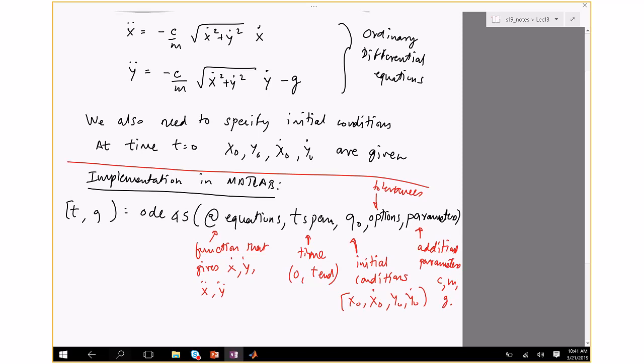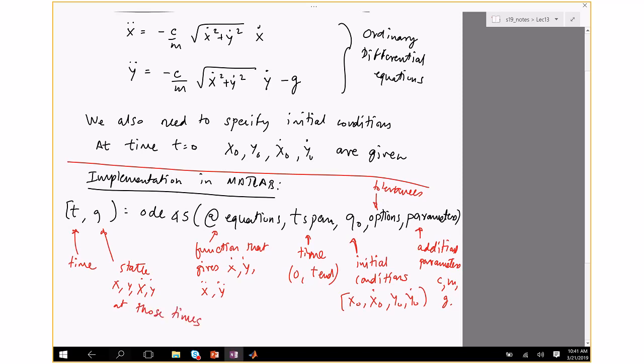What it outputs is time. So if you say 0 to 5 seconds, then it will actually give you time. If you don't specify exactly how you want discretization to take place, then it will give you random points from 0 to 5 seconds. It will also give you the state, which is basically x, y, x dot, y dot at those times.